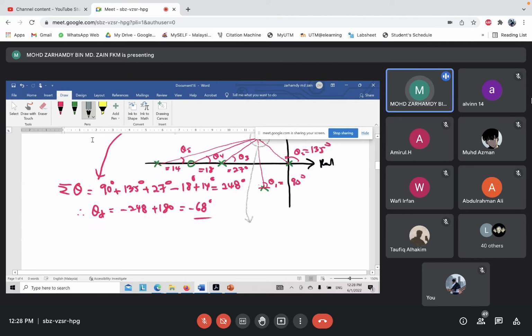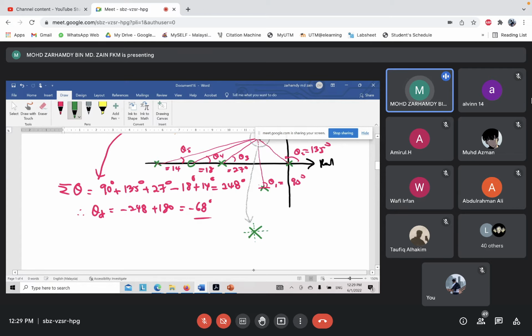So from here, kalau kita lihat kat sini, we have this. Saya fokuskan, saya besarkan, I make a zoom out. This is our point, and you need to make the reference angle.